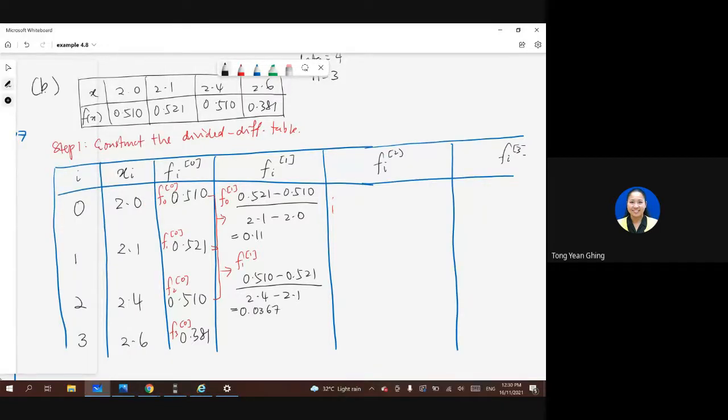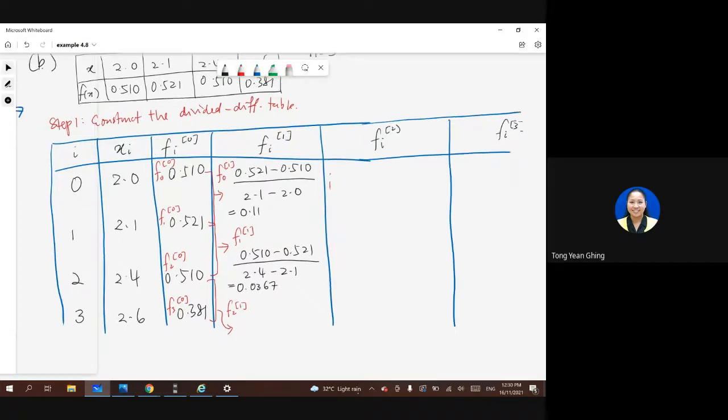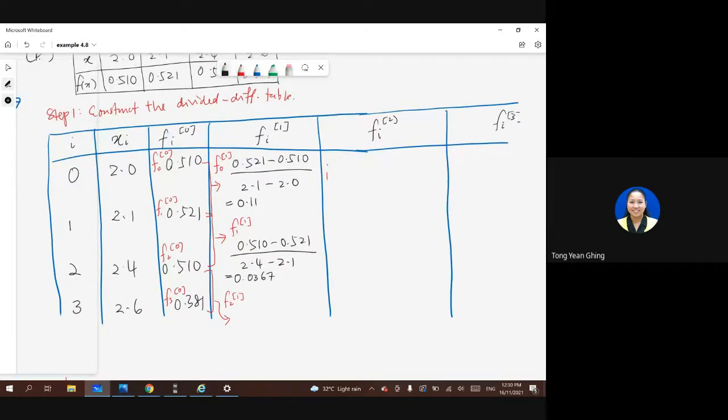Okay, and then continue with these two. So this is F2 first divided difference, equal to 0.381, this value minus this value, divided by 2.6 minus 2.4.